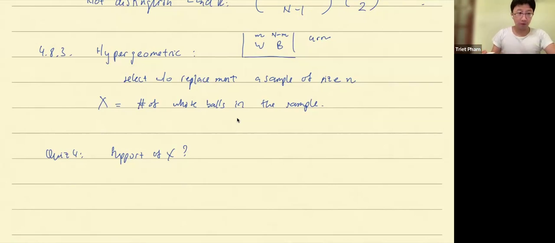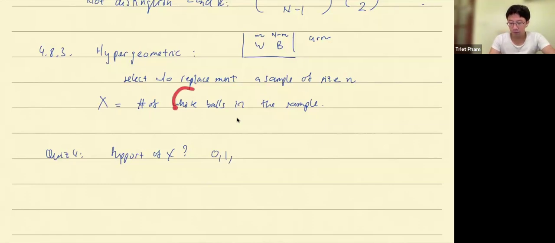Well, it certainly can take values 0, 1, etc. What's the maximum value it can take? Here it's not clear unless you have the actual numbers in front of you.